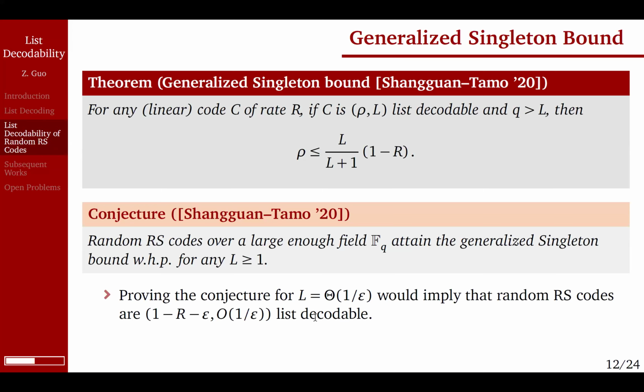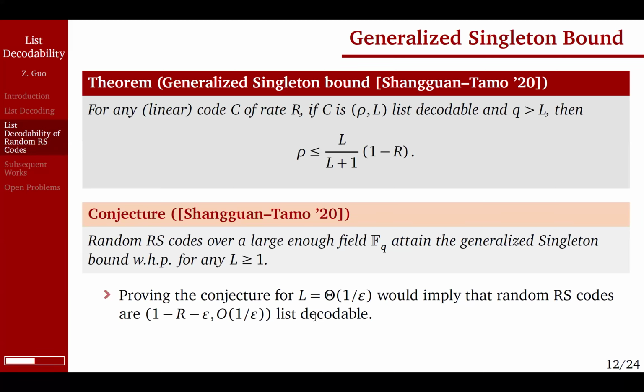So what you get is that rho is at most 1 minus R minus epsilon, which is close to the capacity we saw before. So this can be seen as a refinement of capacity, but it holds for any constant L.